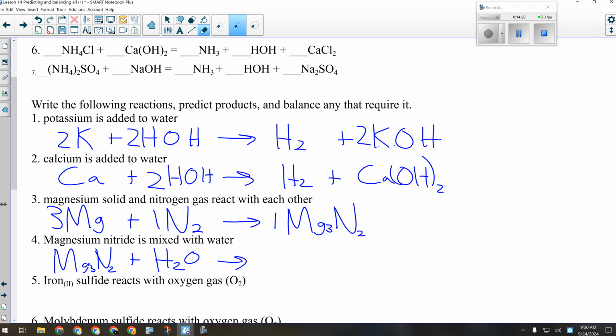But let's go with Mg is going to be with O, and H is going to be with N. -2 and +2, that compound's fine. H3N would be that one. And the other option could be you have MgOH2, and you would need a 2 in front of that for the OH.